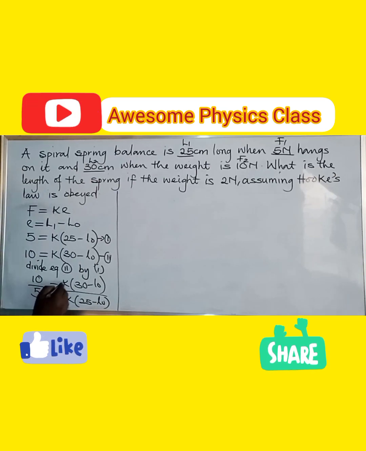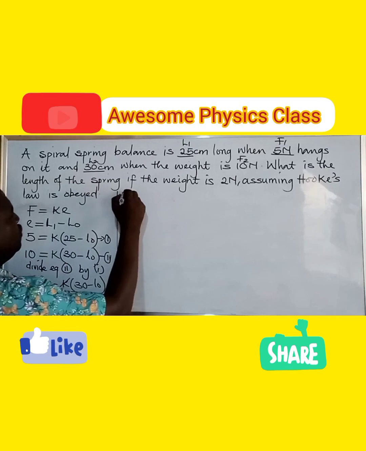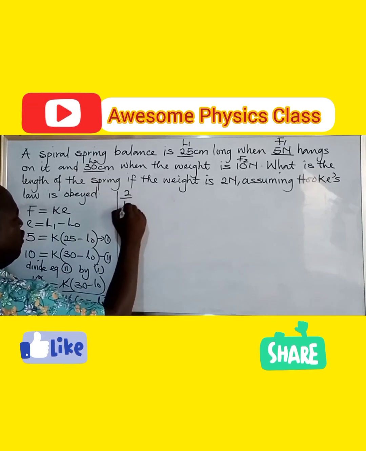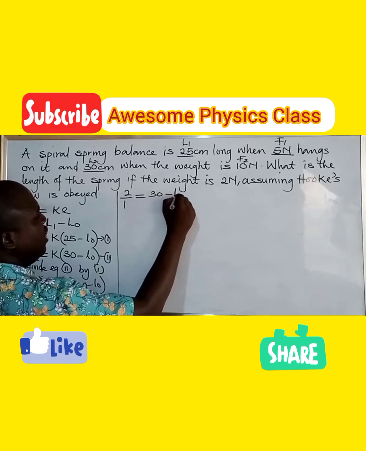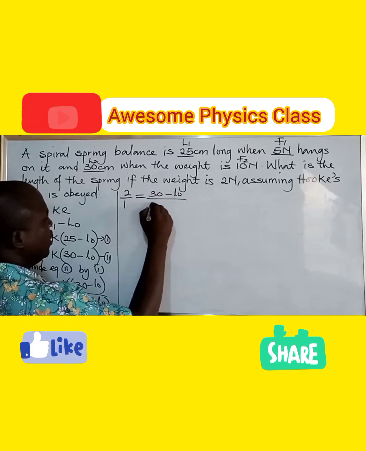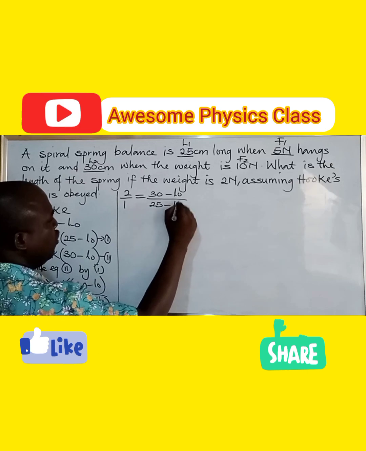Looking at this, we observe that K will cancel. Then we are left with 5 here is 1, 5 here is 2. So we have 2 all over 1 is now equal to 30 minus L0 all over 25 minus L0.